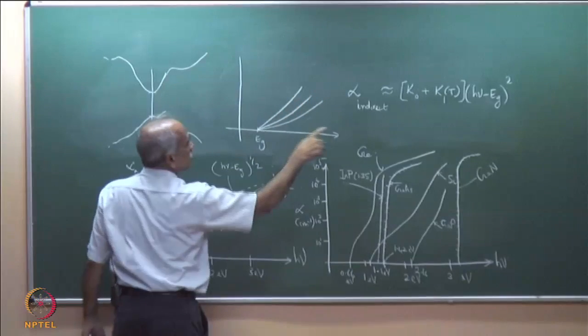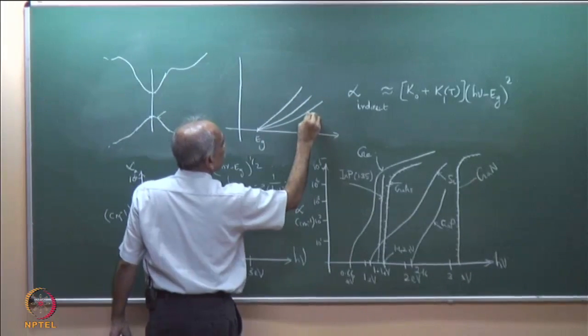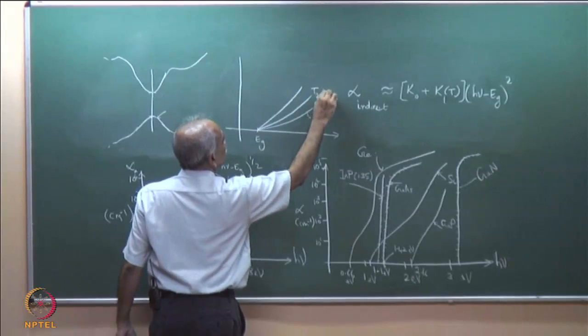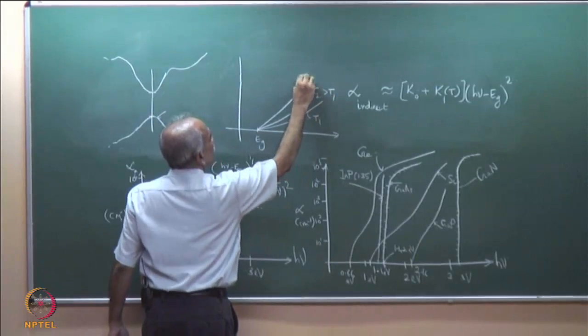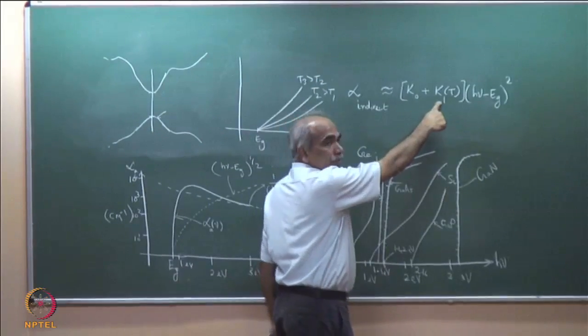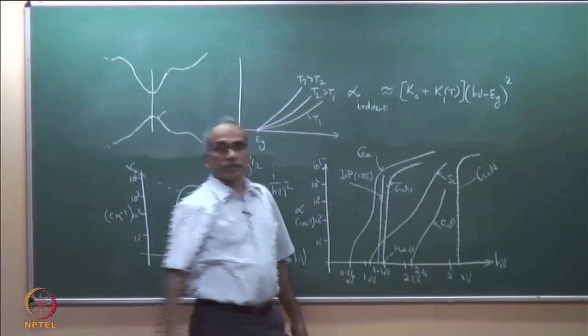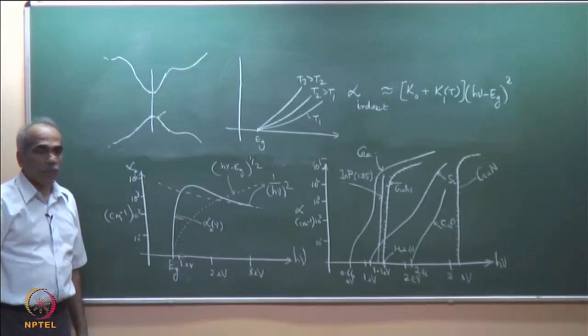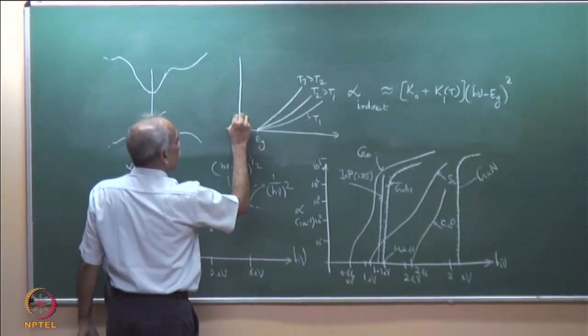What I am plotting is the variation at different temperatures T1, T2 which is greater than T1, and T3 which is greater than T2. That is because of the term K1 of T; the second constant K1 is a function of temperature. The numbers here are slightly smaller.